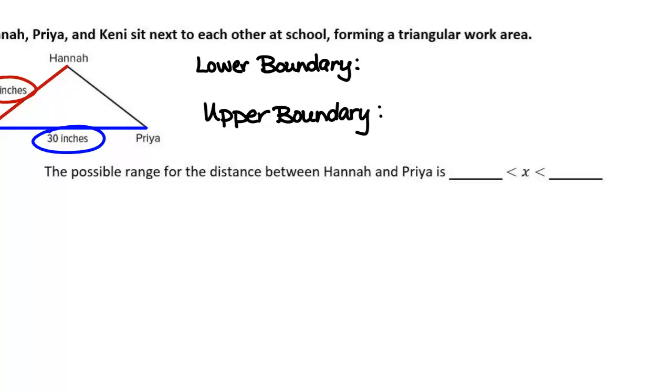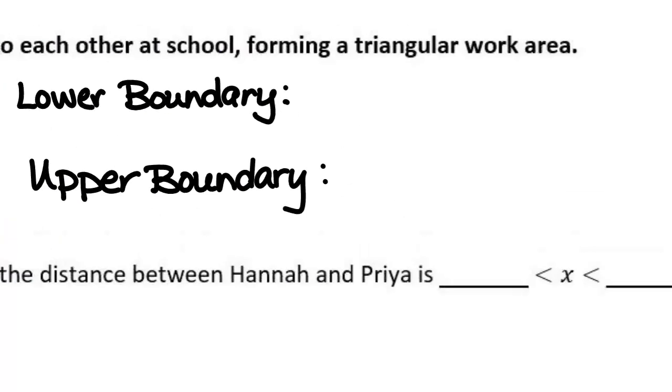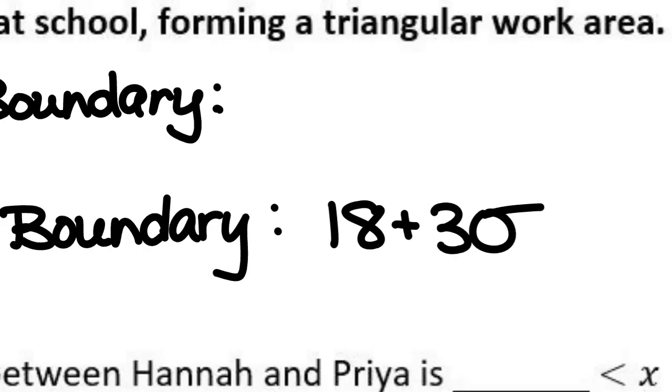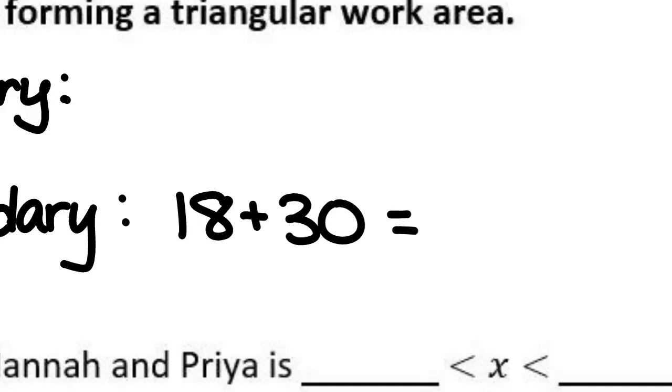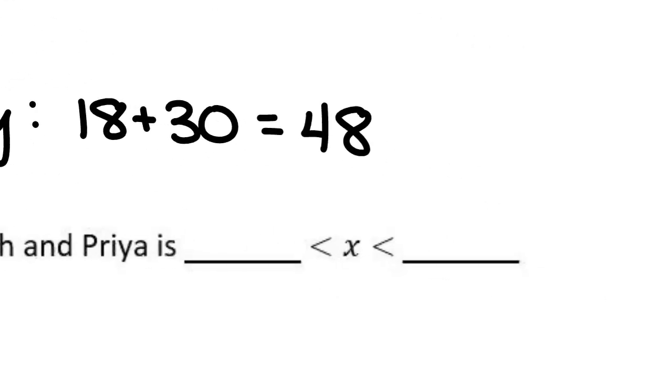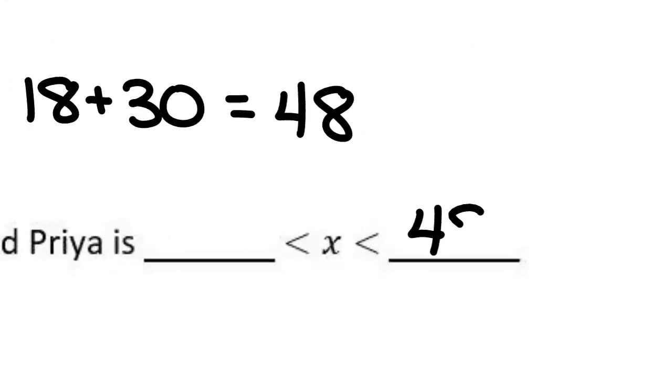If they're the smallest sides, then when I add them together, so 18 plus 30, I get what? 48. That third side has to be smaller than that, because when I add those two together, it would have to be bigger than that third side. So the third side has to be smaller than 48, because that's what I get when I add those two together.